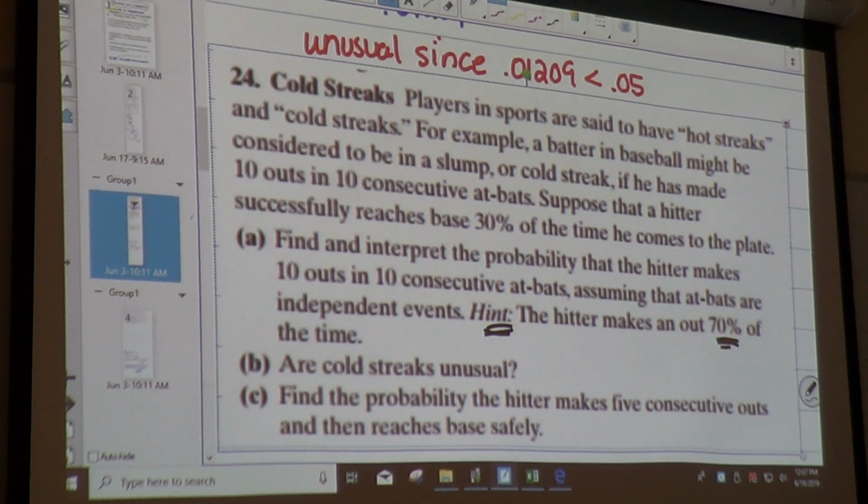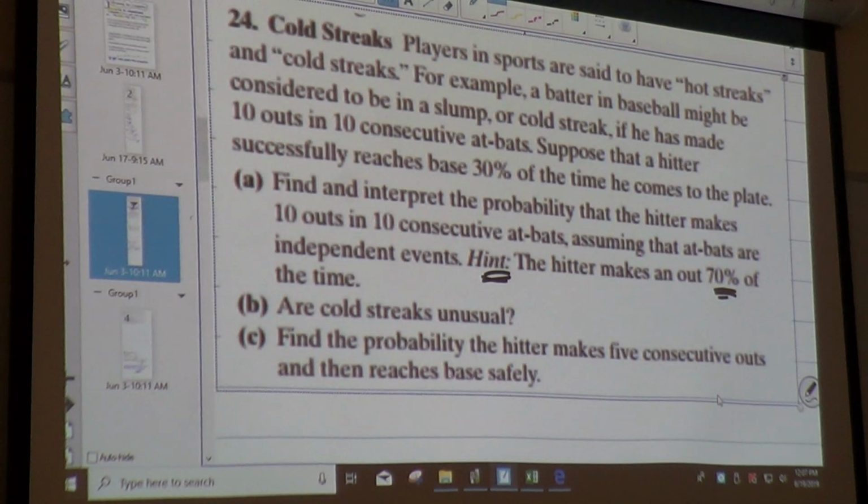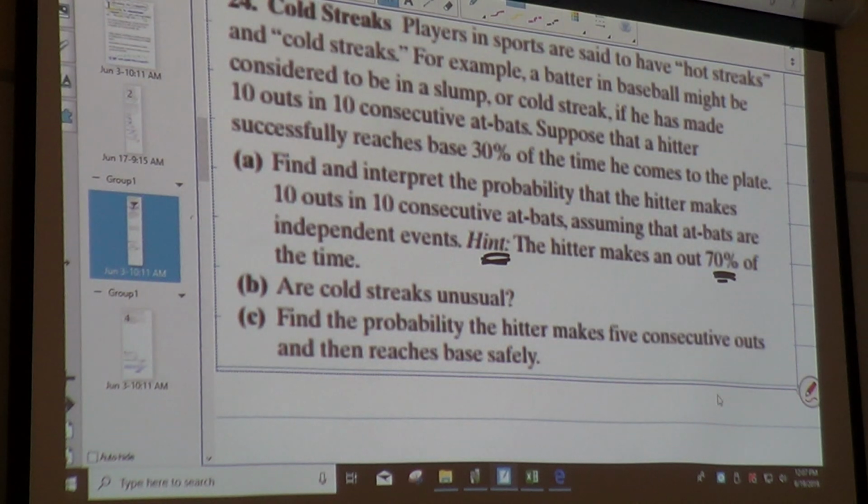Now, find and interpret the probability that the hitter makes 10 outs in 10 consecutive at-bats, assuming that the at-bats are independent events, meaning they have nothing to do with each other. So, for A, I want to know the probability of 10 at-bats getting outs.